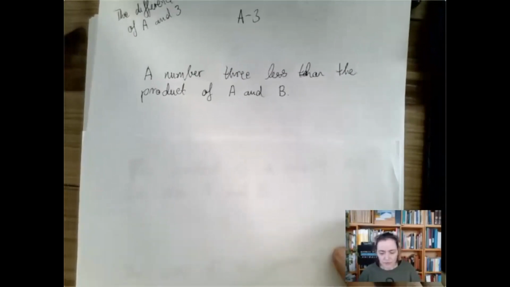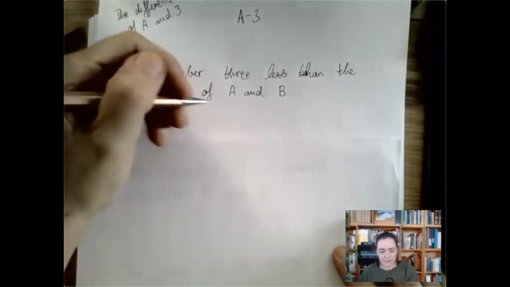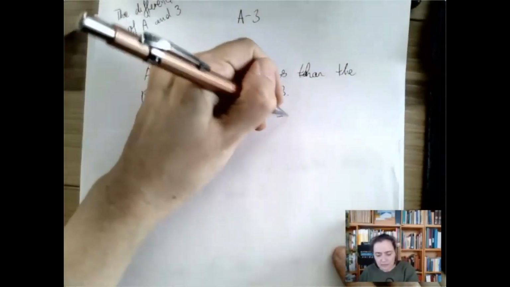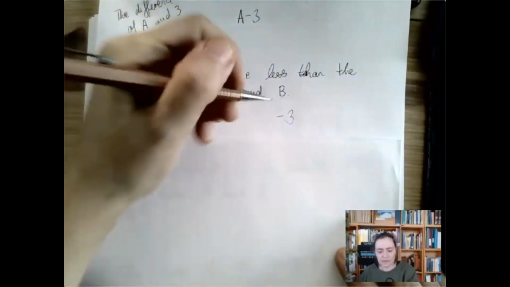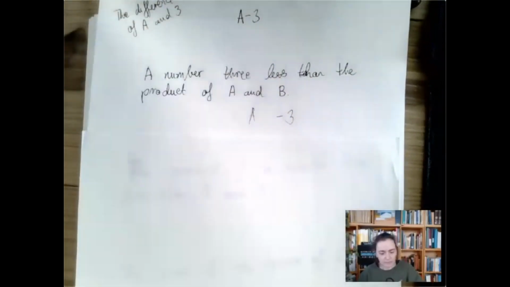A number 3 less than, we had that right. So 3 less will happen like this. This is how we get a number 3 less, by subtracting 3. And then the thing that we're subtracting 3 from is A times B, or AB.